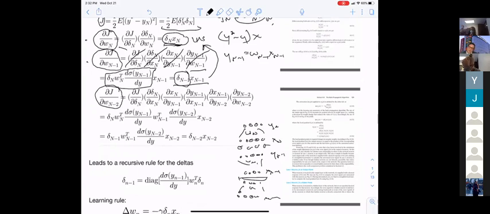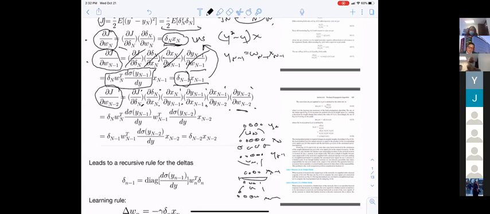Again, look at the pattern here. The top level is the cost with respect to the output error, with respect to the x one level down, x with respect to y, with respect to x, with respect to y, with respect to w at the last step. Same pattern, and that is just the chain rule of differentiation.